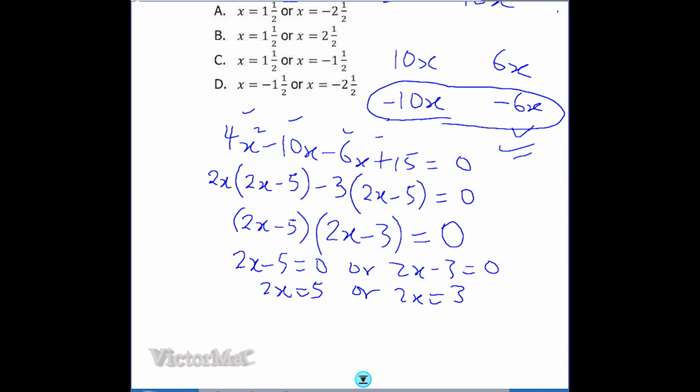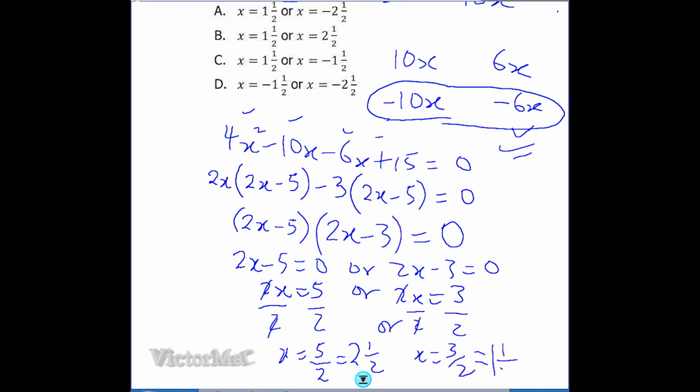Okay, and we divide this by 2, cancel, we have x equals 5 over 2, which means 2.5. And then for the second one, we divide both sides by 2, x is 3 over 2, which is the same thing as 1 and 1 over 2 in mixed fraction. And the correct option here is option B. Okay, 1.5 or 2.5, option B.